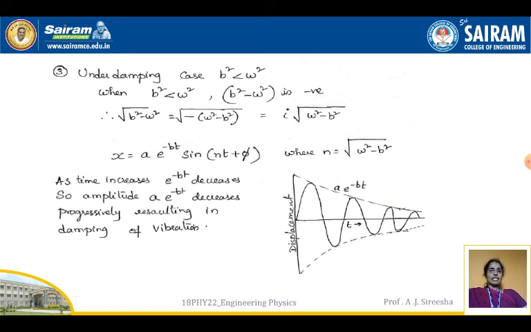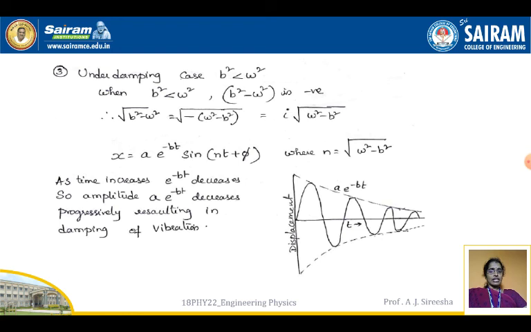When b square is less than omega square, b square minus omega square becomes a negative quantity, and root of b square minus omega square becomes a complex number that we can take as i into root of omega square minus b square, and the solution is given as shown in the equation.